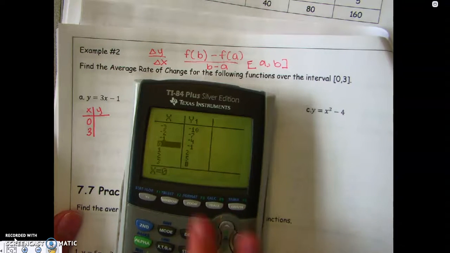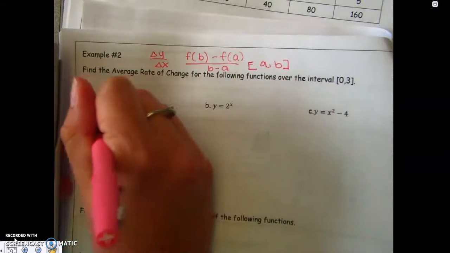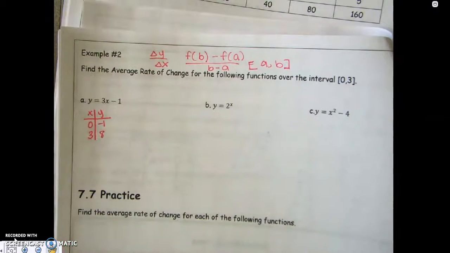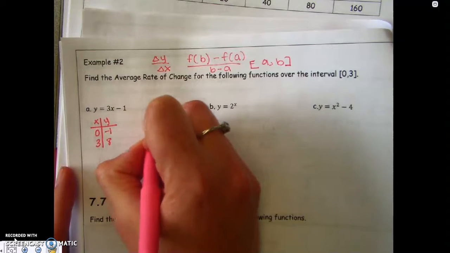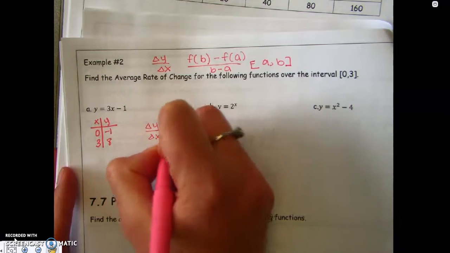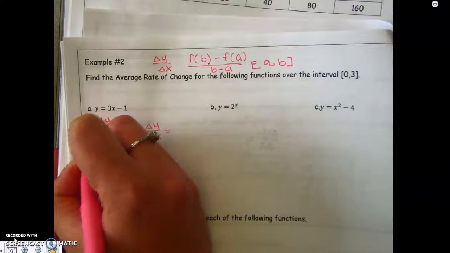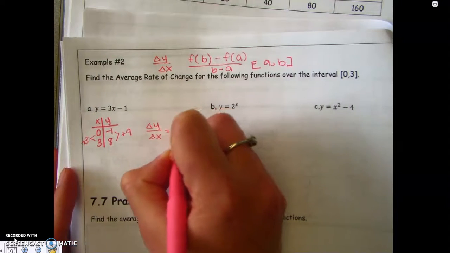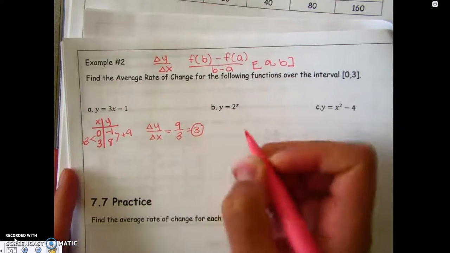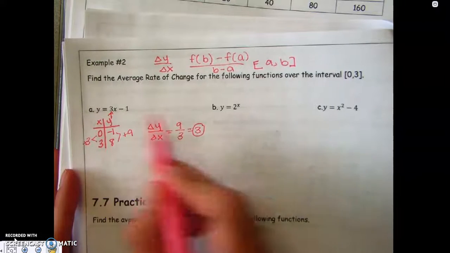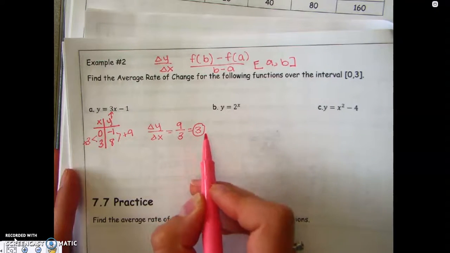And where x is 0, it's -1, and where x is 3, it's 8. So now I'm just finding the change in y over change in x. Plus 9, plus 3, 9 over 3 equals 3. And that makes sense because this is a line, and the slope of my line is 3. So I should get 3 there.